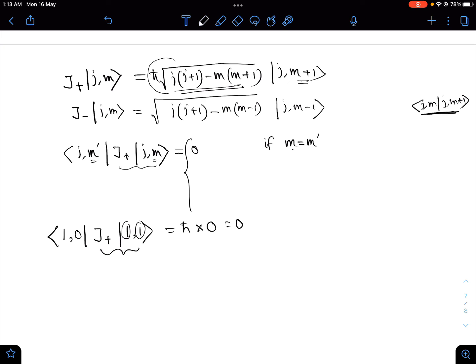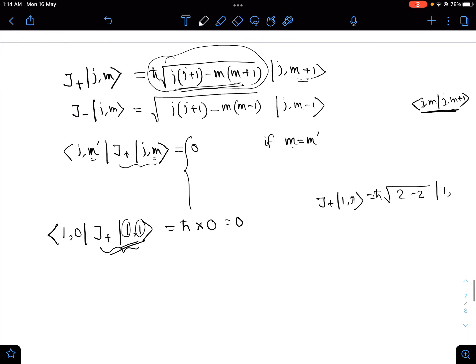J plus on |1 1> gives ħ root of 2 minus 2, and since m value cannot be 2, you can easily see that this should be 0, and we are also getting 0.